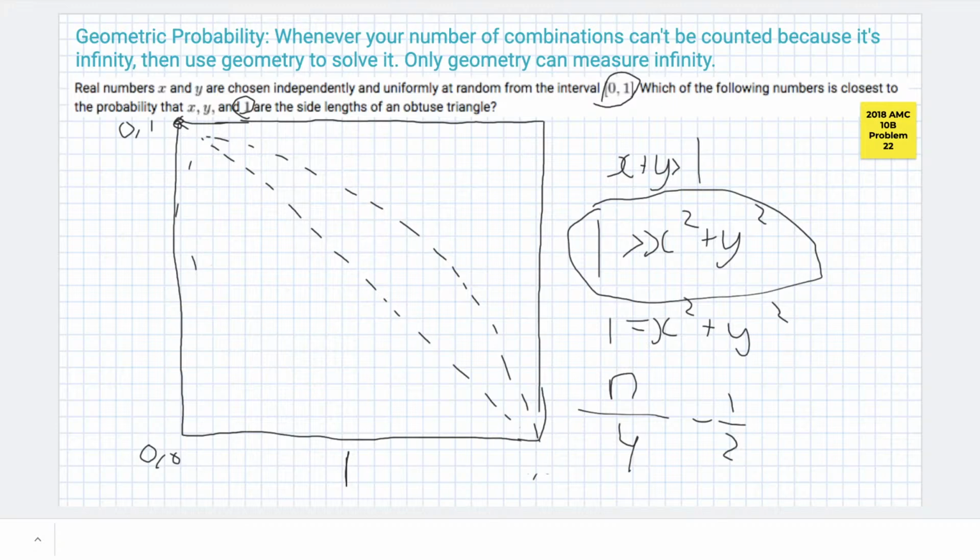Now you can compute this: because pi is 3.14, if you divide it by 4, you'll get about 0.79, I think. And 1 over 2 is just 0.5, obviously. And if you subtract these, you get 0.29. So this is approximately our probability. And the question from the test, this problem 22, asked for the approximate probability. And we found it using geometric probability.